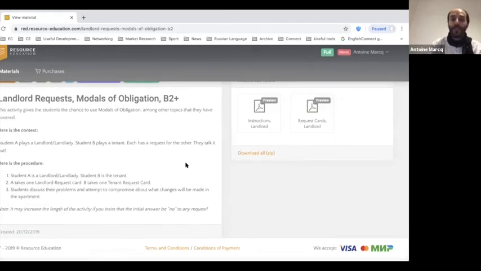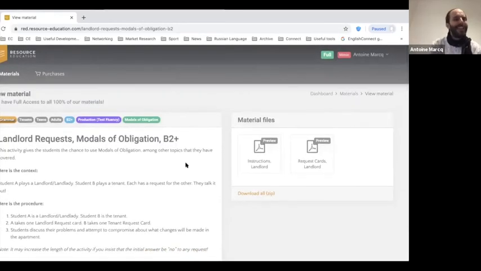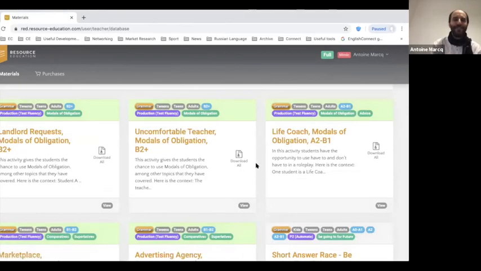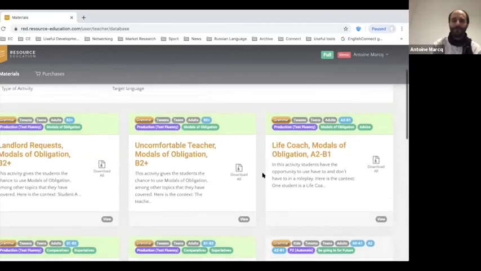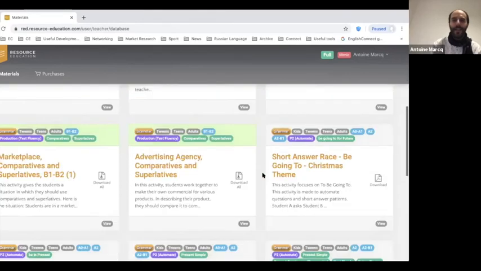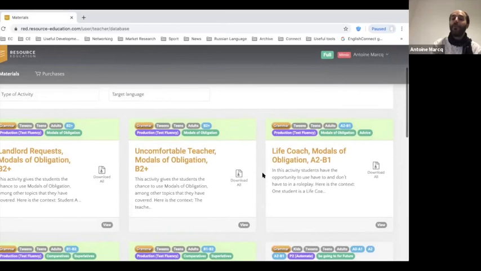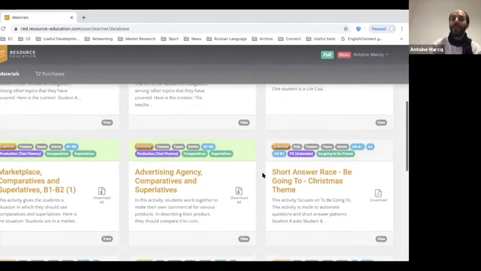Students have loads of fun with this. Yes, teens, adults, they're going to love this. Tweens, teens, play the teacher, the uncomfortable teacher. Any questions on these? Modals of obligation?